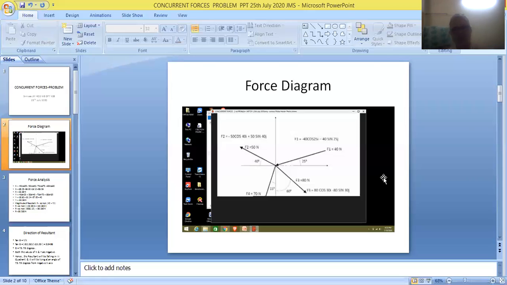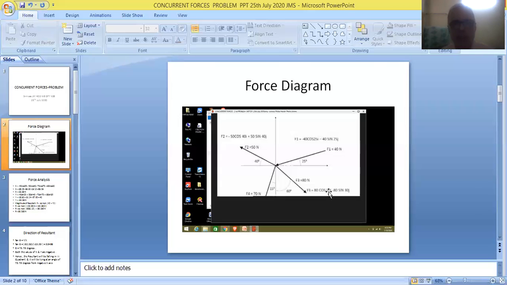So for each and every force, we have to resolve each and every force into horizontal and vertical components. We have to measure these values. So they are very useful for making calculations and getting the results.